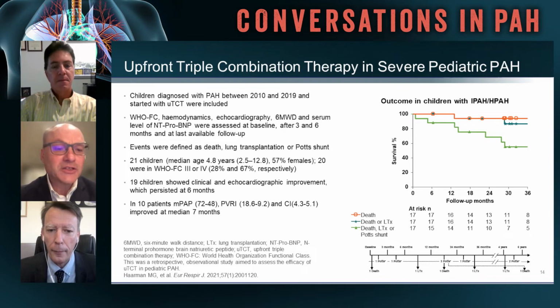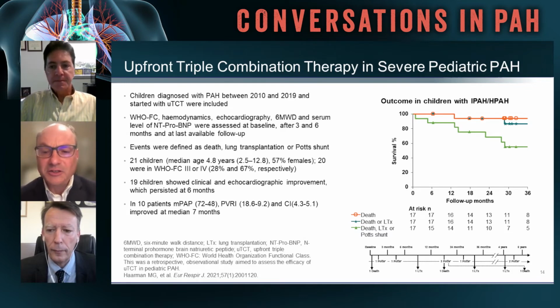And on the right-hand side, you can see that in the 19 children, overall survival was good. But if you look at death, lung transplant, or Potts shunt, you can see that about half of the patients had a Potts shunt, which is a connection surgically between the pulmonary artery and the aorta, or a lung transplant. There were 2 patients who died within the first 2 years, and they were both found to have veno-occlusive disease.